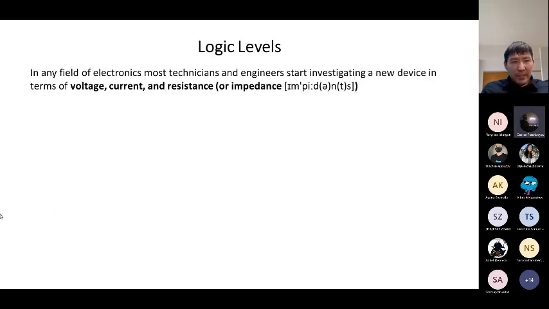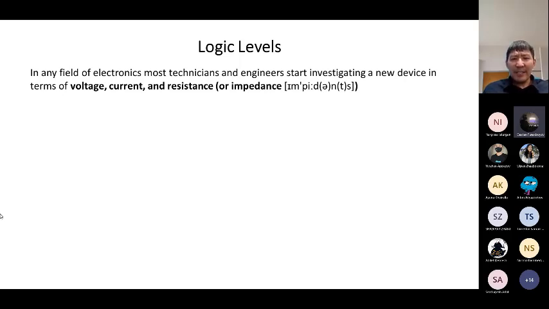Well, logic levels. In any field of electronics, most technicians and engineers, and maybe some of you in the future will work as engineers. Engineers doesn't mean only guys who work with instruments. IT people are also engineers, because you do development on devices.